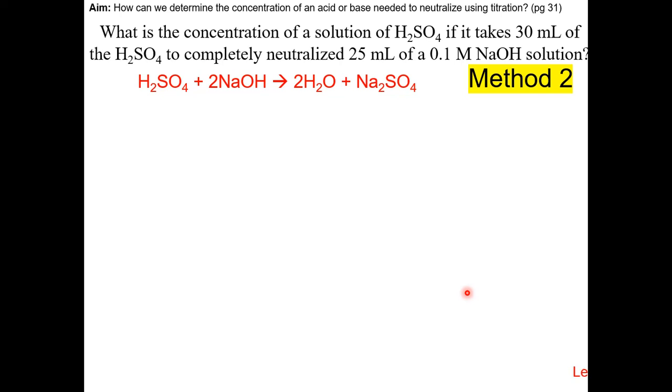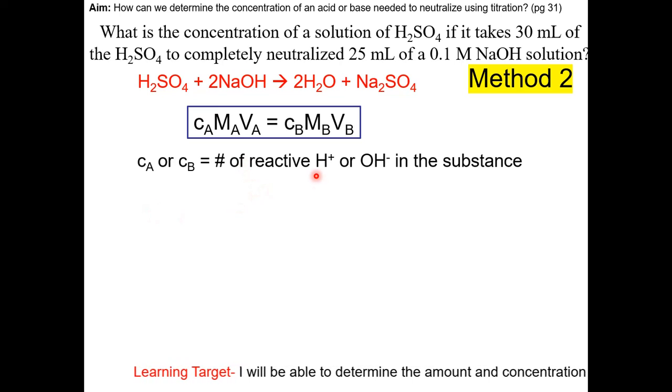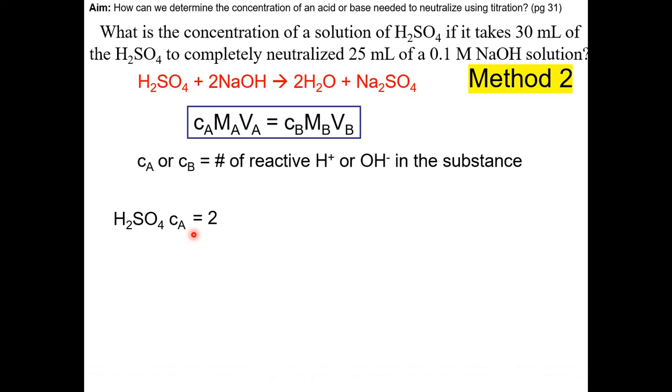For method 2, here's the modification to the titration equation. We added a new variable C. C represents the number of active hydrogen ions and hydroxide ions in the substance. For sulfuric acid, the C value will be 2. It has 2 active hydrogen ions because it's polyprotic.